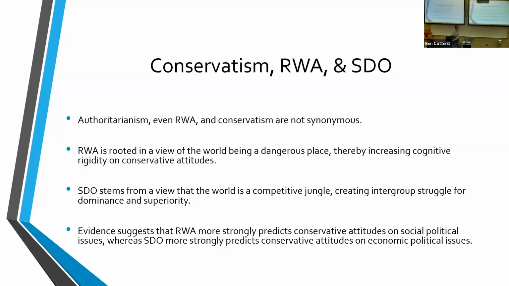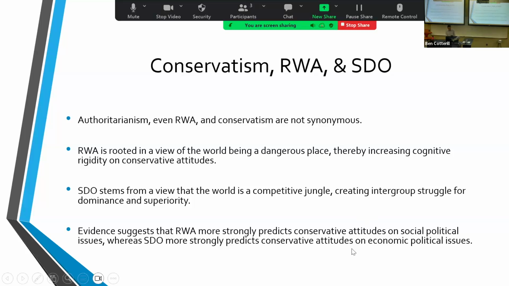But the situational variables that give rise to this are quite different, okay? Because what it seems is that it's more social issues that impact the ones who are high in right-wing authoritarianism, and it's more economic issues that impact those who are high in social dominance orientation.